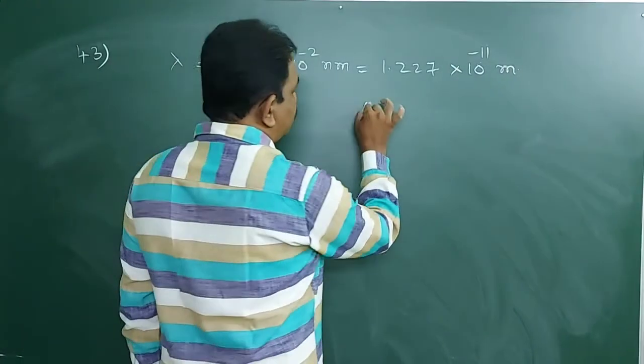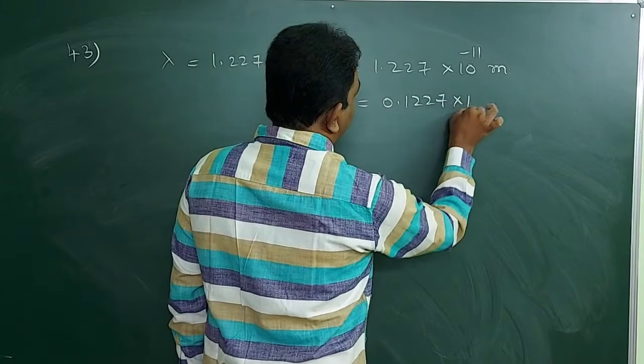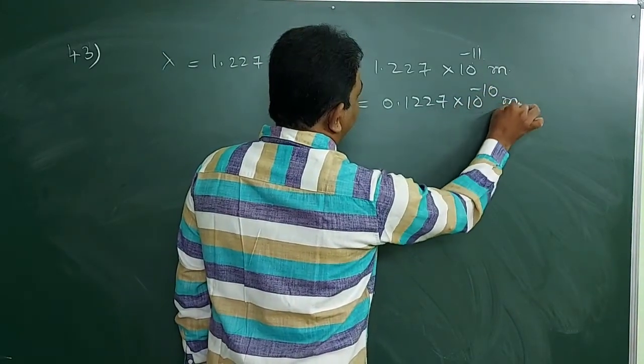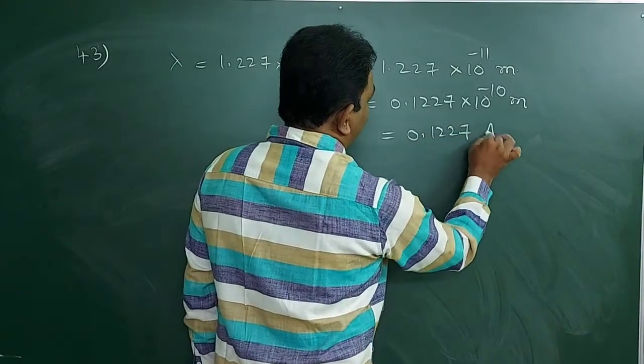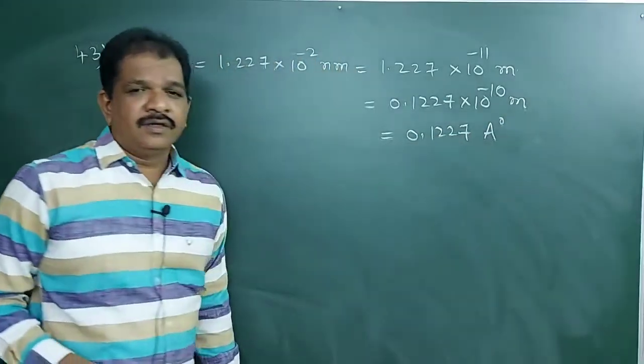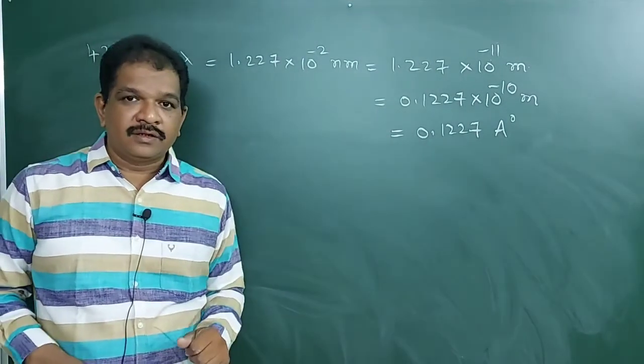I will write this as 0.1227 into 10 power minus 10 meter, that is 0.1227 angstrom. This is the wavelength.